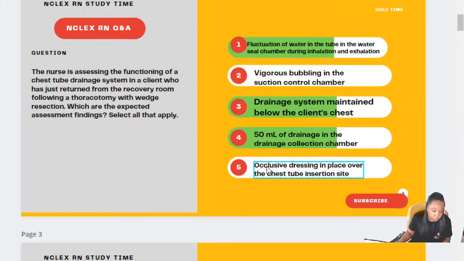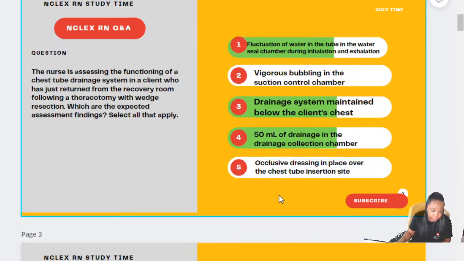What about number 5? It says occlusive dressing in place over the chest tube insertion. Do you think we need to place an occlusive dressing over the site? Yes, we have to. There's a certain way you have to tape the dressing. You tape it on 3 sides and leave one open.